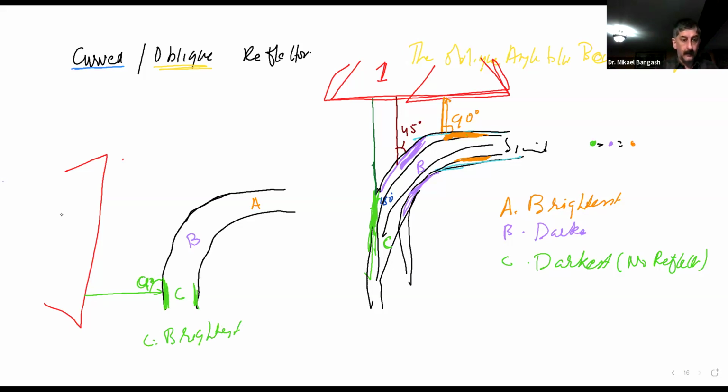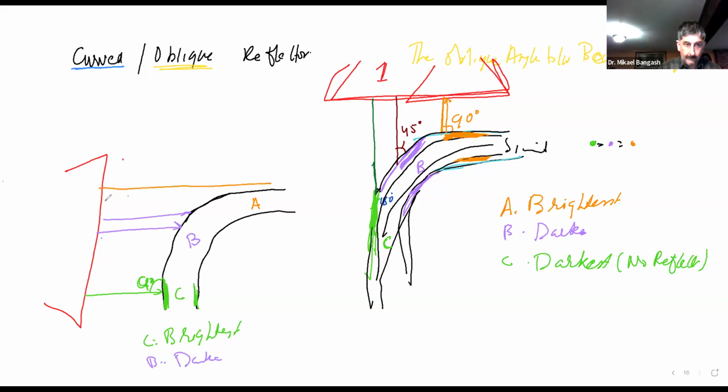Since B is still slightly oblique, B in the middle is going to be, we can say, dark, where A is going to be the darkest.